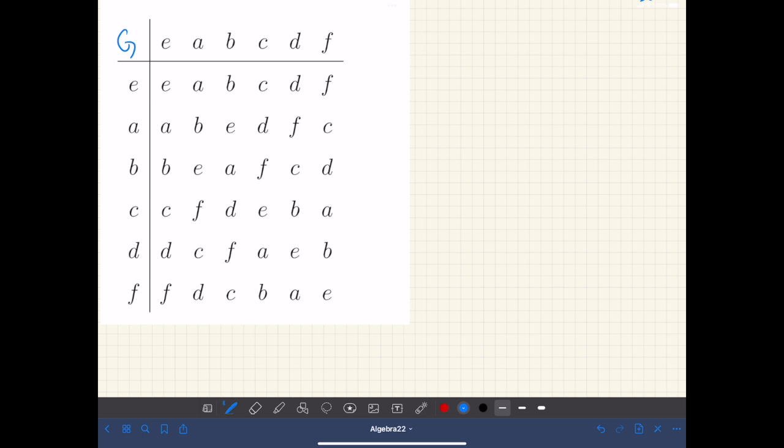And next, consider this group defined by this Cayley table. This is a non-abelian group of order 6, so there are 6 elements. And let's define a mapping from, so let's call this group G, from G to the set of two integers, -1 and 1, okay, by the following rule.